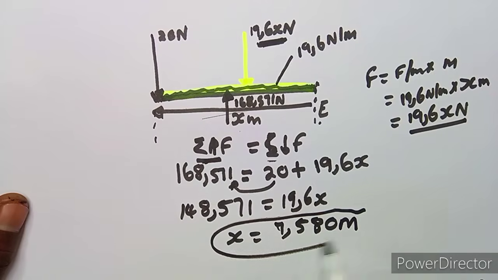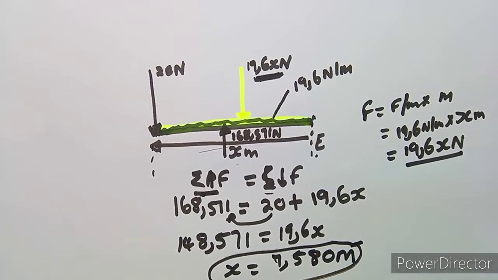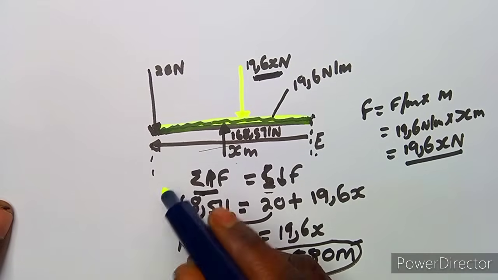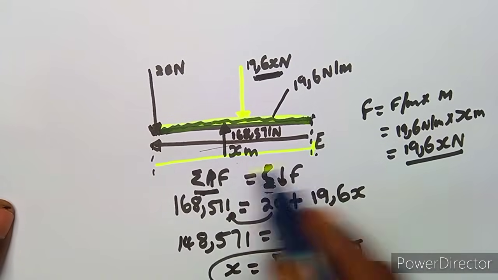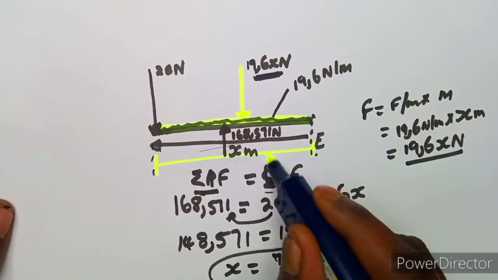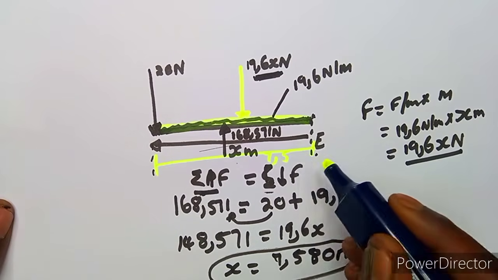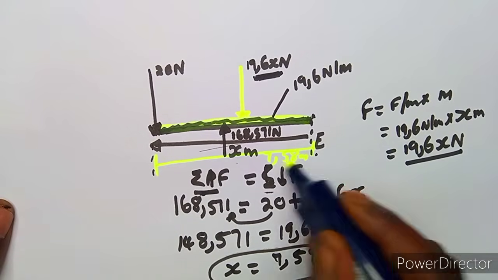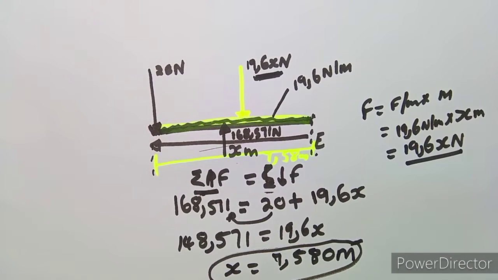So this is x, guys, which is the distance that we needed here from this point up to this point here. There is a distance which is 7.58 meters, just the same as 7.580 there.